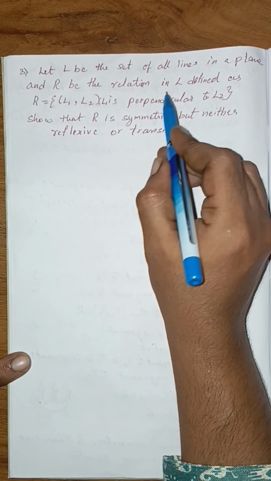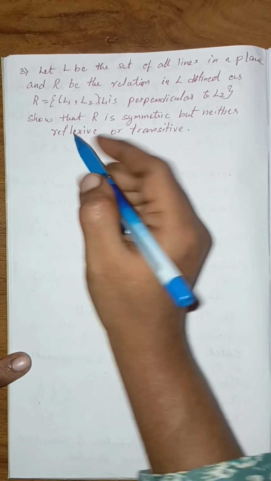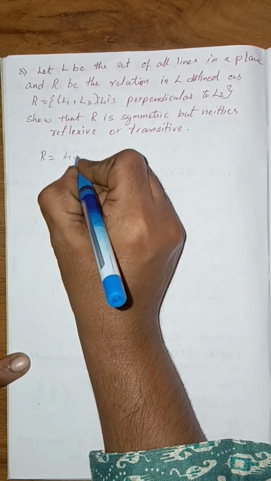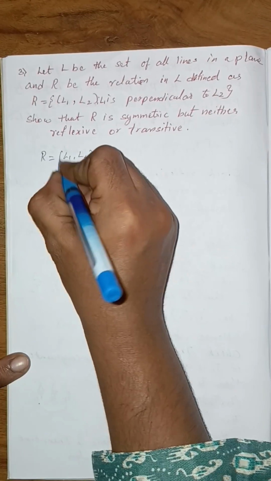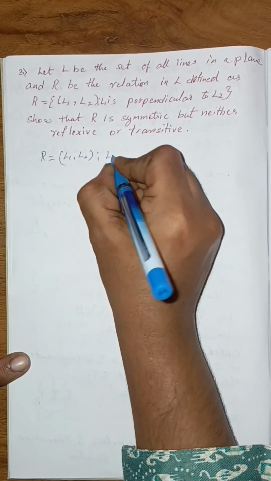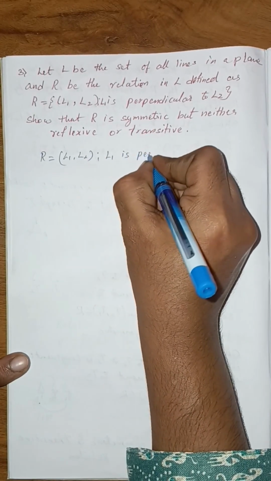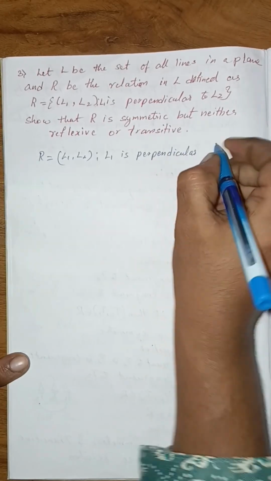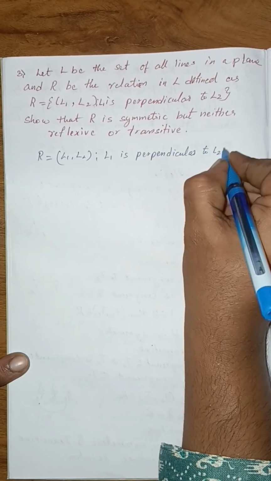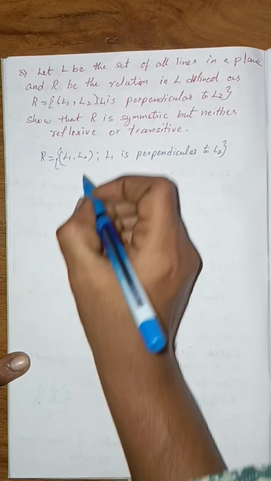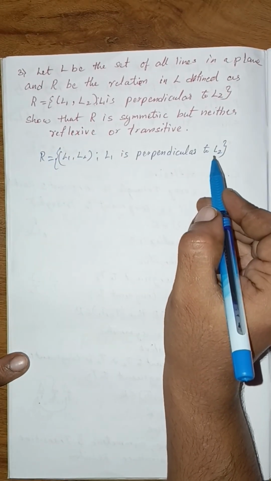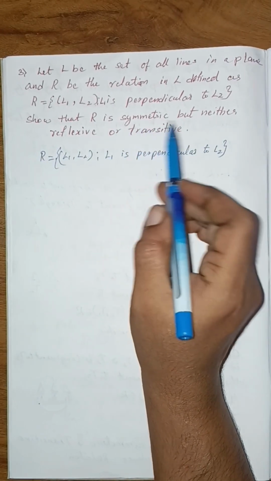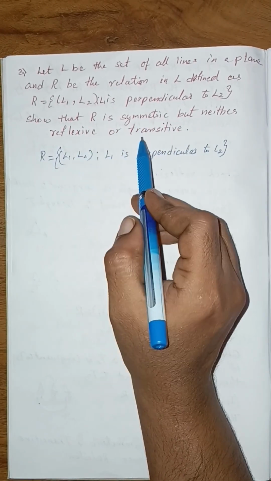So R is the relation in L, such that line L1 is perpendicular to L2. So we have to check that R is symmetric but neither reflexive nor transitive.